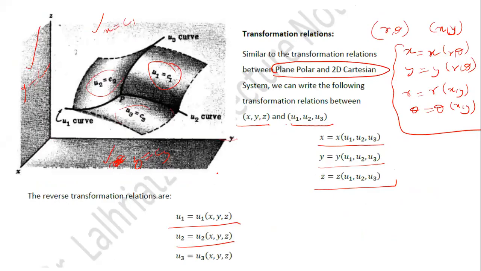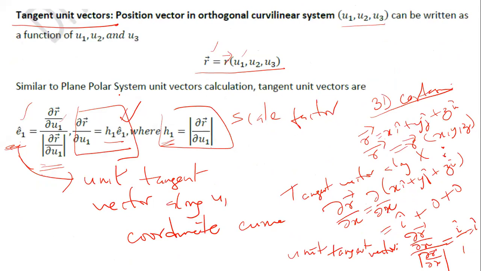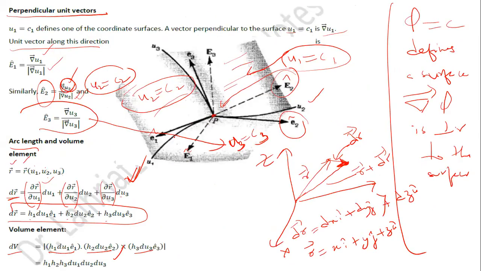So if the u1, u2, and u3 coordinate lines intersect at 90°, the tangential unit vectors e1 cap, e2 cap, e3 cap are also at 90°. They are mutually perpendicular. And similarly, capital E1, E2, E3 are orthogonal, right?